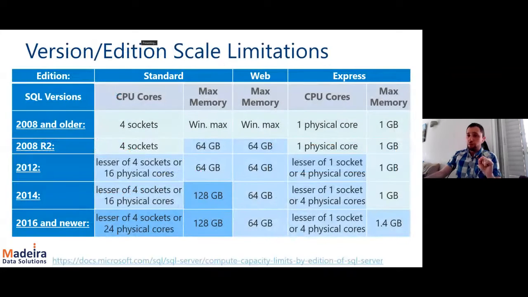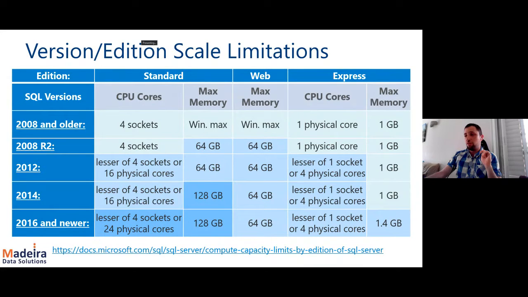There are also considerations, or rather scale limitations, based on the version or edition of SQL Server which you are licensed.